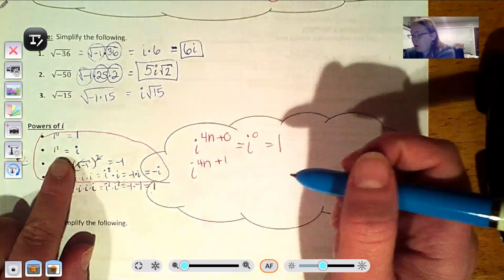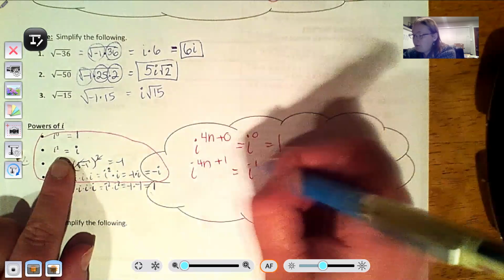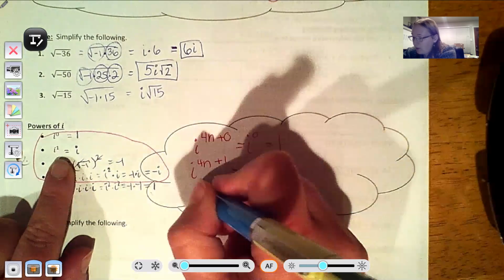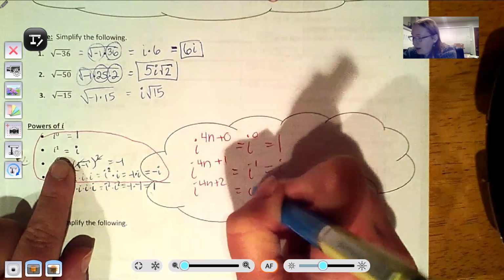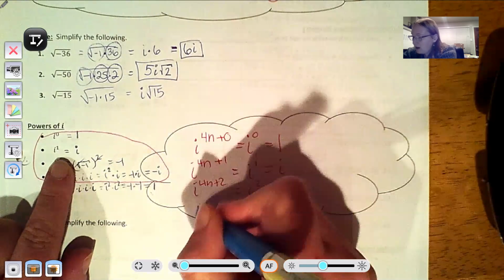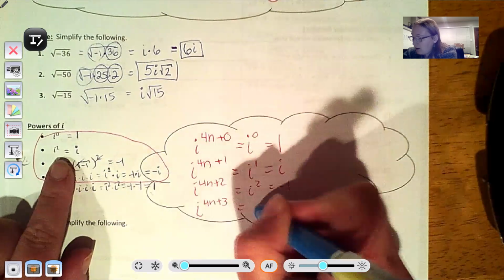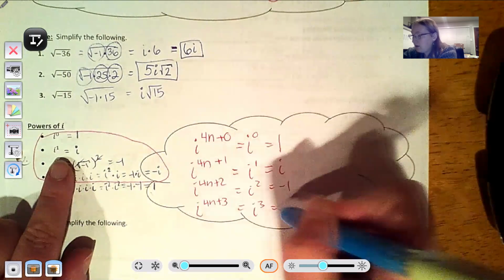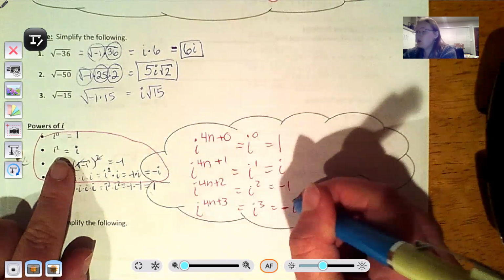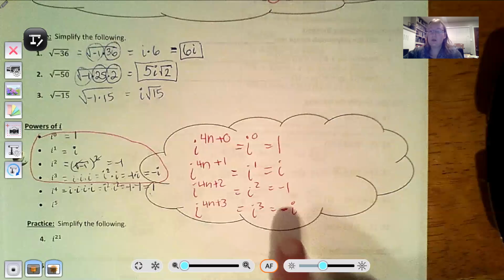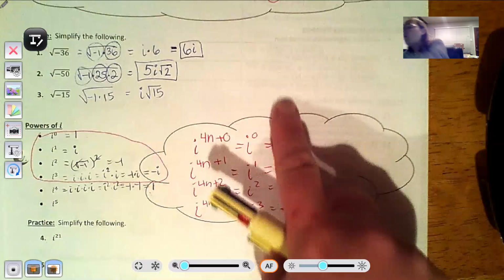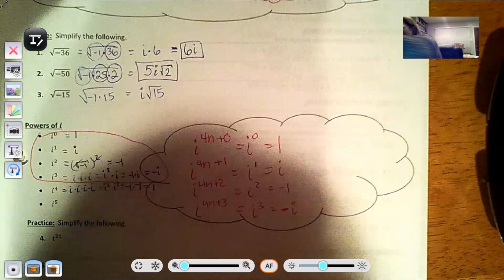I land there. Well, that's the same thing as i. If the remainder is 2, we get the -1, and if the remainder is 3, we get then -i. So those are your 4 options when you are simplifying with i's to a power.